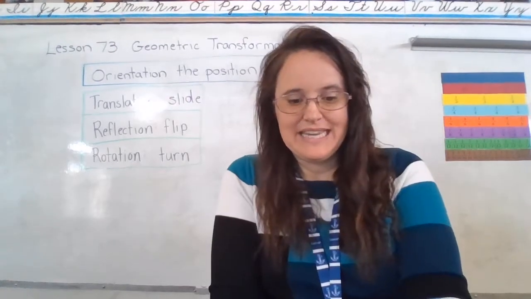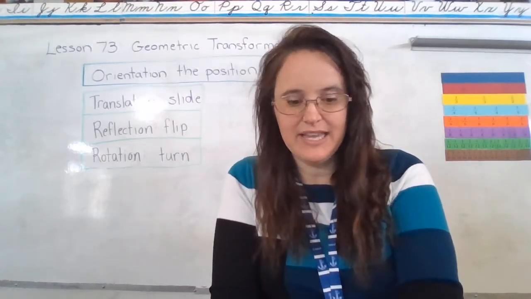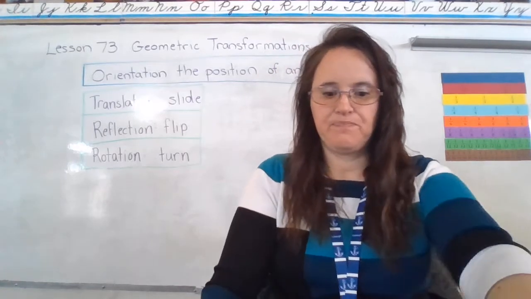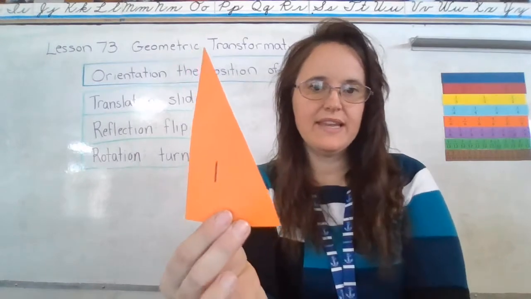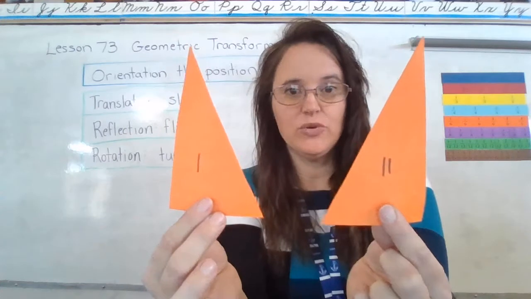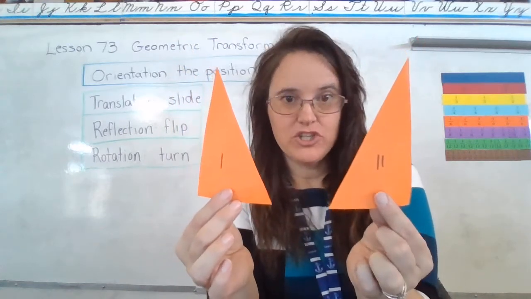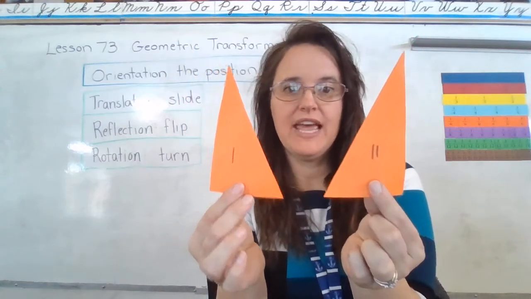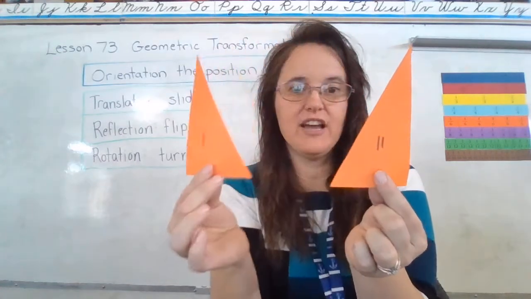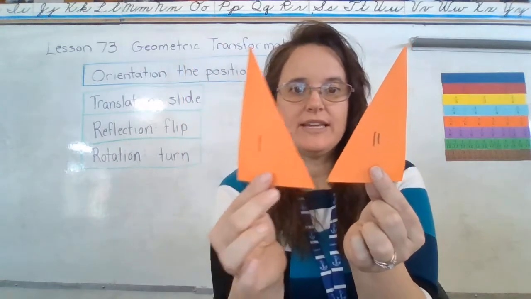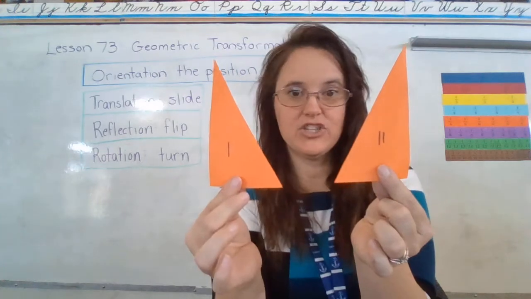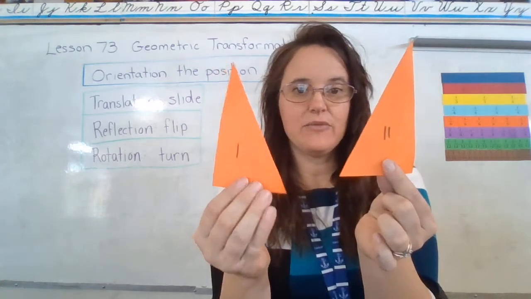You may see your book labeling the shapes. So they might call this shape 1 and then call this shape 2 and ask you what transformation was performed in order to move shape 1 into the position of shape 2. So watch, did I translate it? They don't line up. Translation doesn't work. Did I reflect?